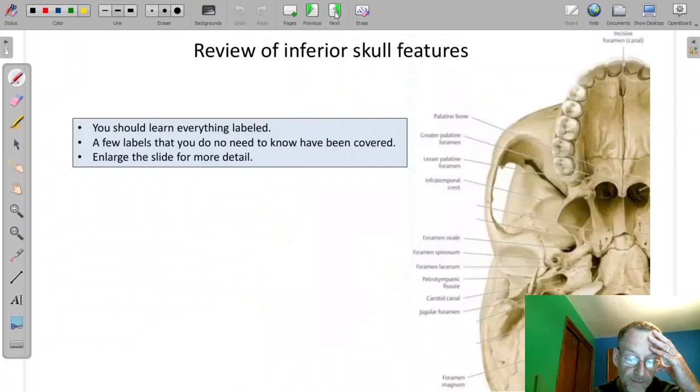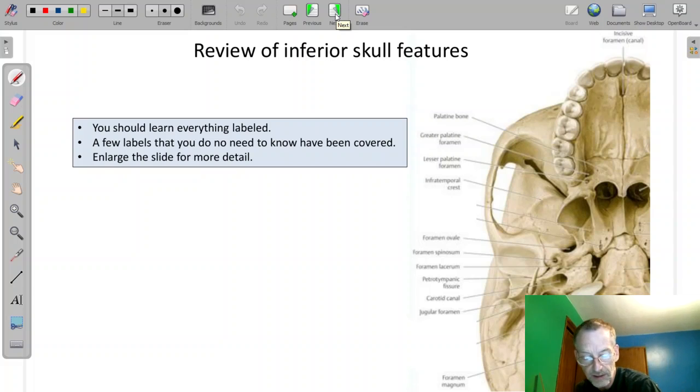Next slide. Review of inferior skull features. So you should learn everything that's labeled in this figure. It's a little bit fuzzy, but I think it's readable. And I blanked out a few labels that I didn't want you to learn.